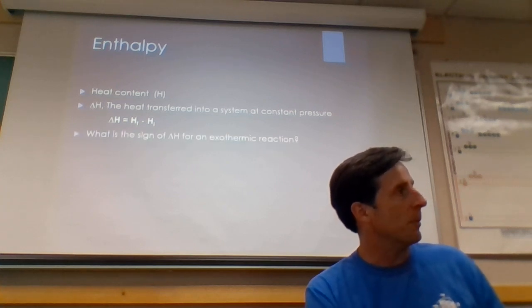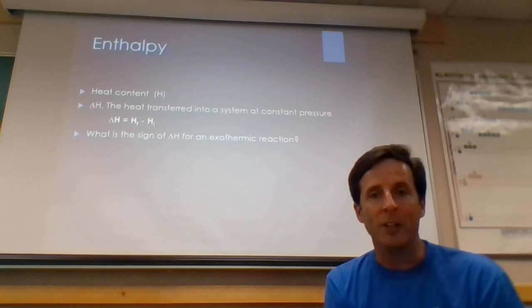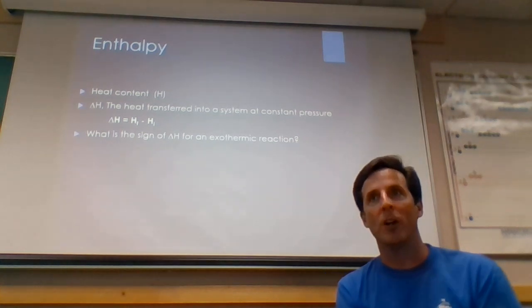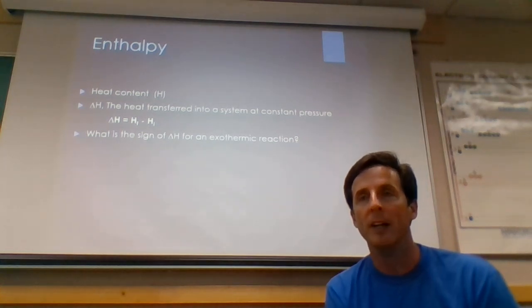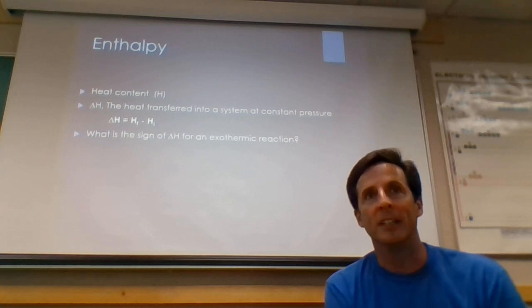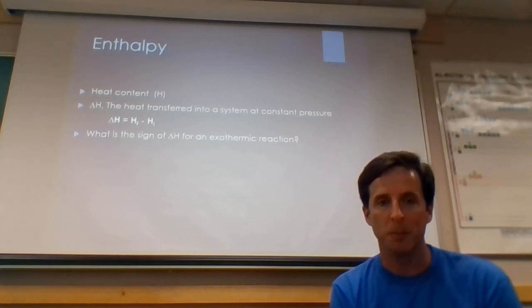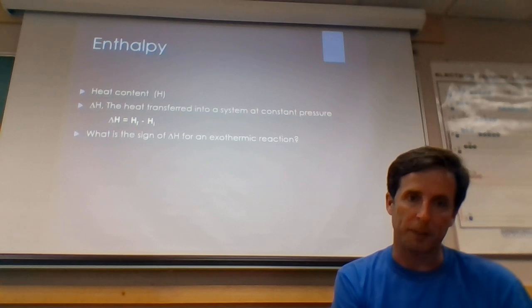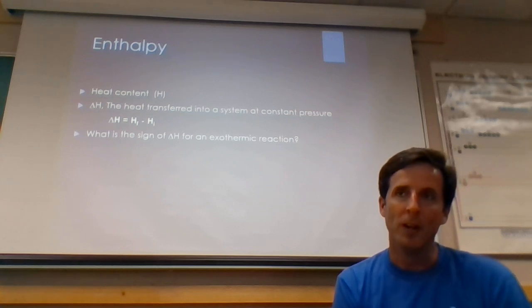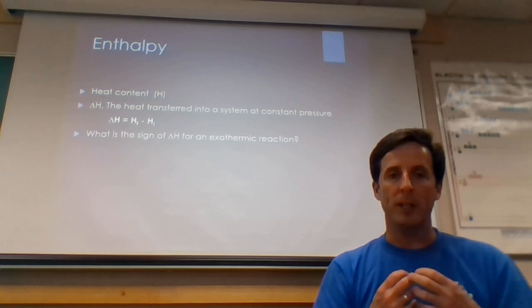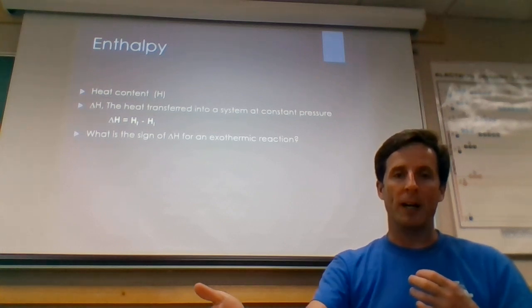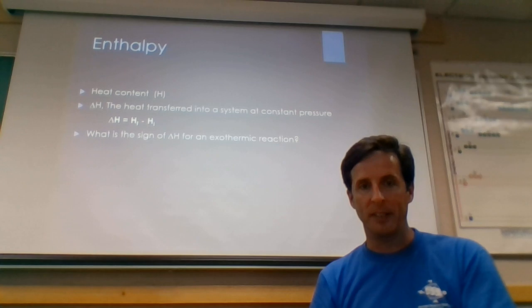So if we have an exothermic reaction, we need to think about, okay, if it's exothermic, that means it's giving heat away. So is the heat content of the sample or the system increasing or decreasing? Well, if we're giving heat away, that means we're starting with more heat, we give some away, that means we end up with less heat.